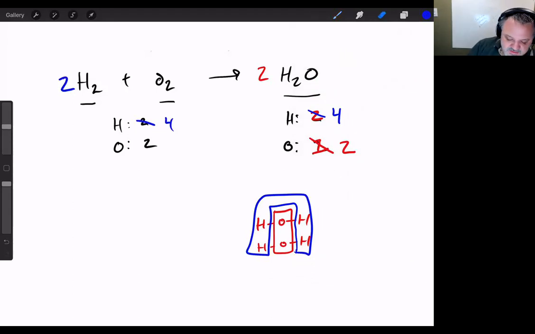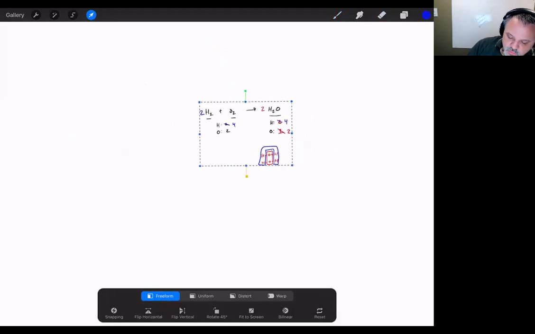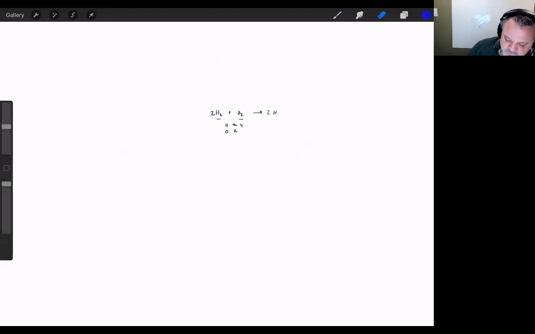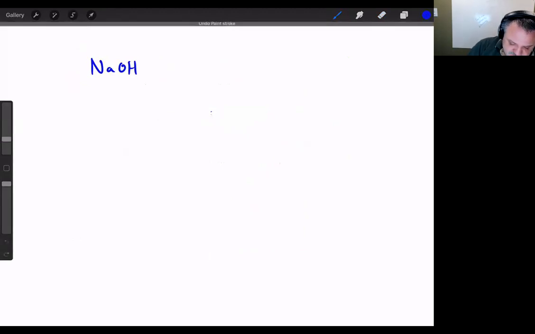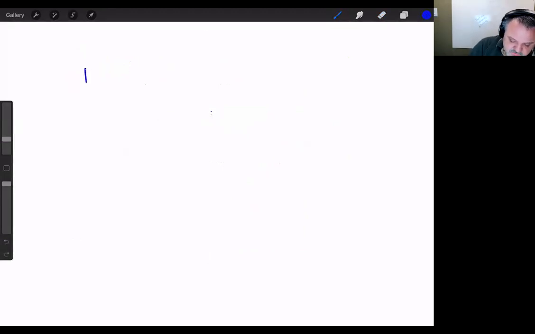Now, in this particular lab, we're going to be focusing mostly on ionic compounds. So let's take a look at that. Let's just use sodium chloride and silver nitrate.